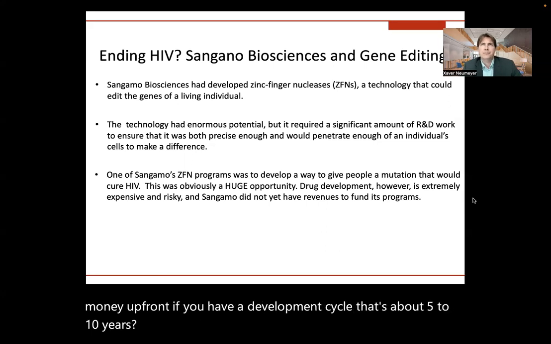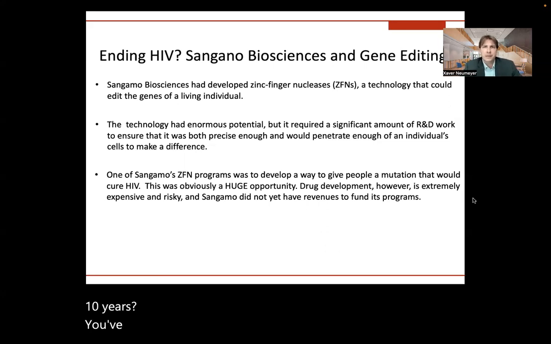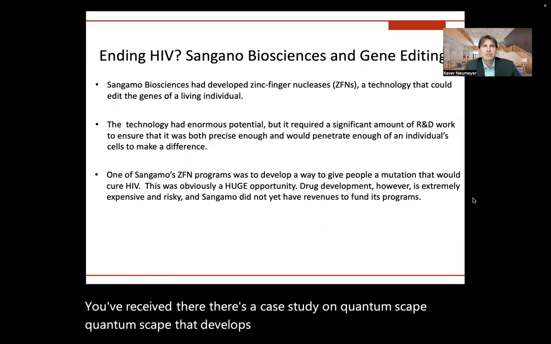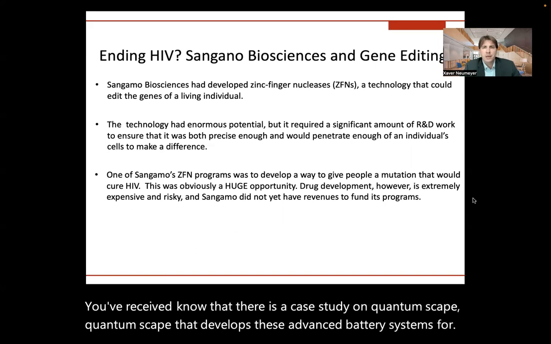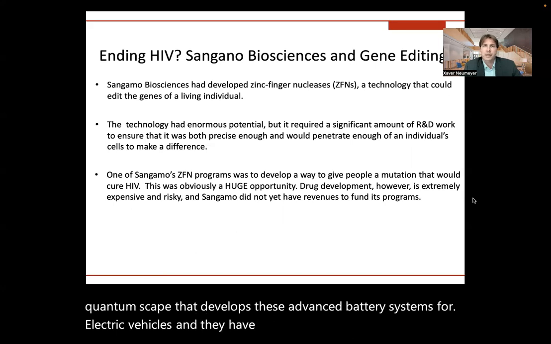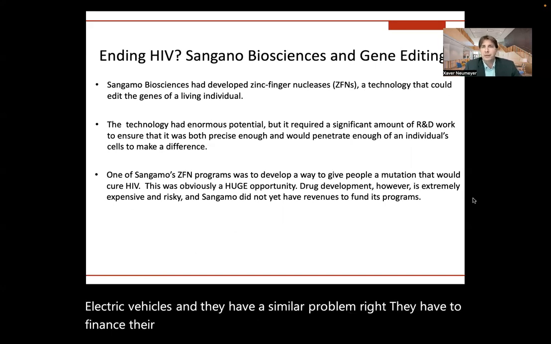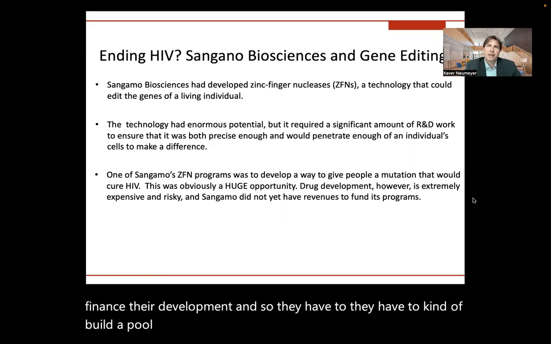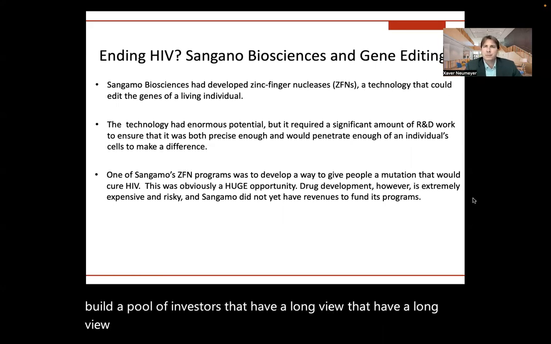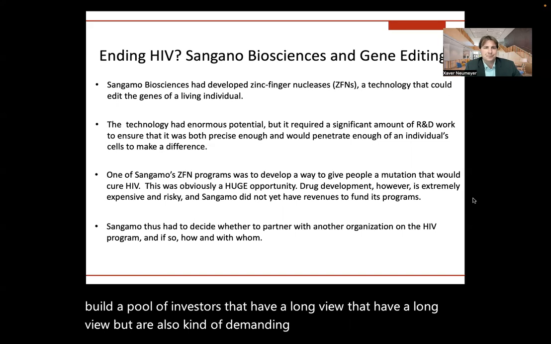You've received a case study on QuantumScape, which develops advanced battery systems for electric vehicles, and they have a similar problem, right? They have to finance their development, and so they have to build a pool of investors that have a long view, but are also demanding that there's going to be some progress.